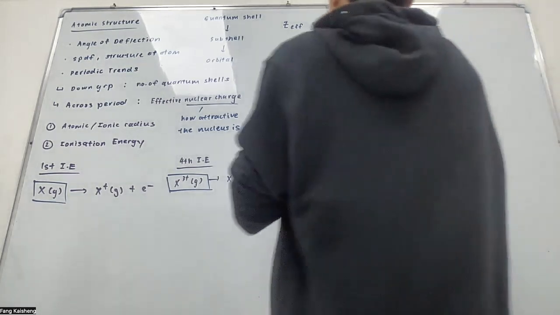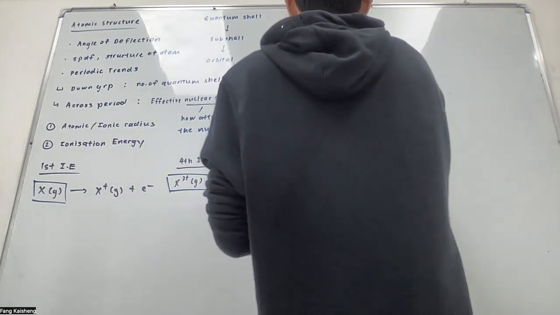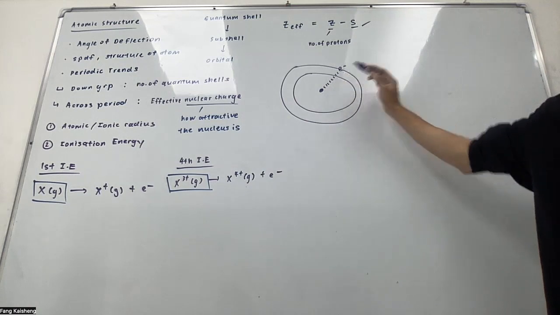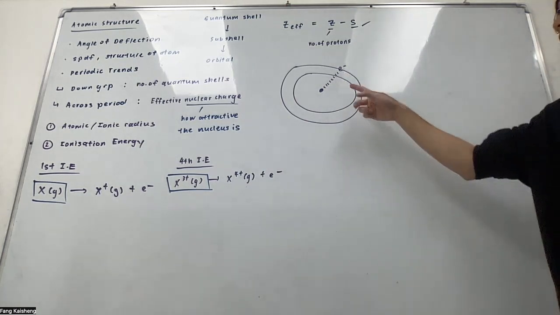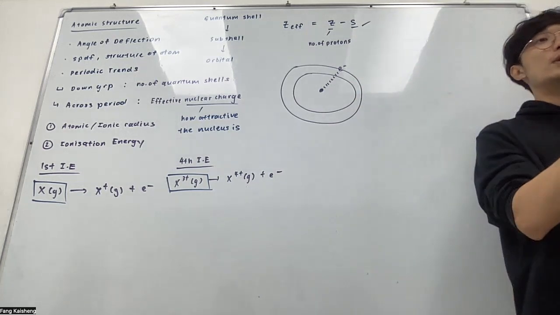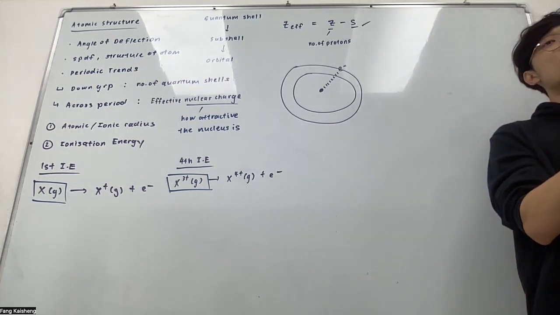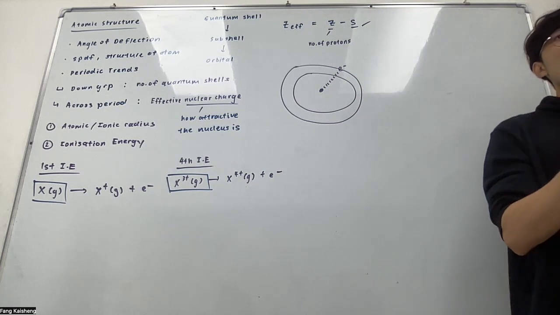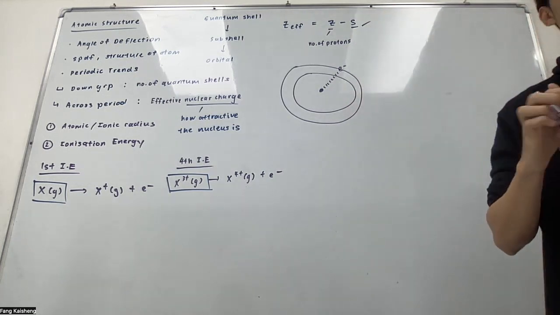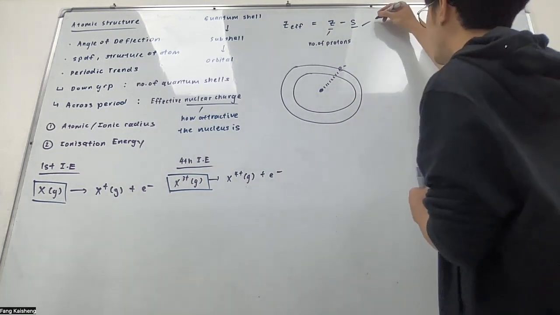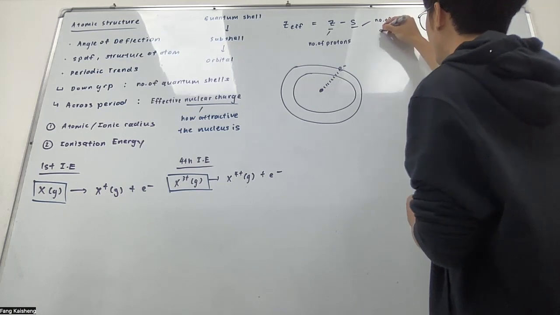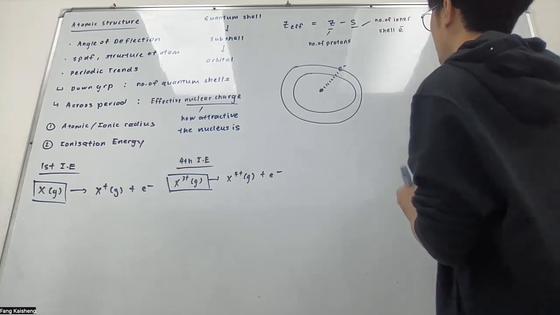So imagine there is a shell inside, and this shell will effectively block these attractions. Think about it, it's like when you have two magnets, you surely played with magnets as a kid, then you put your hand in between the magnets. Will the attraction be stronger or weaker? Weaker. It's the same idea over here. The inner shells will block the attractions. So guys, the shielding effect depends on the number of inner shell electrons.